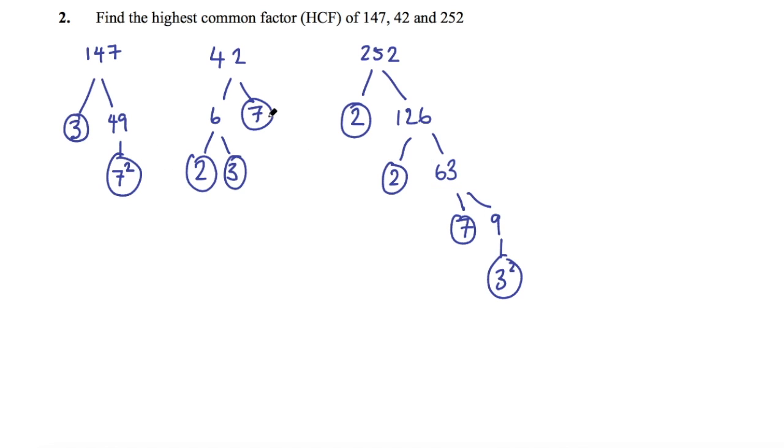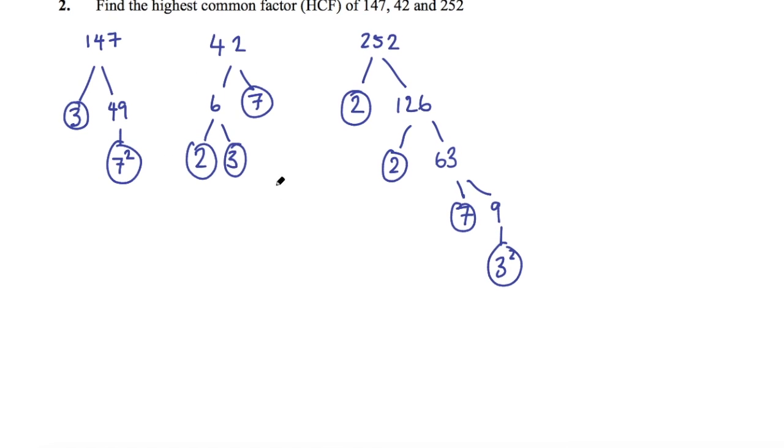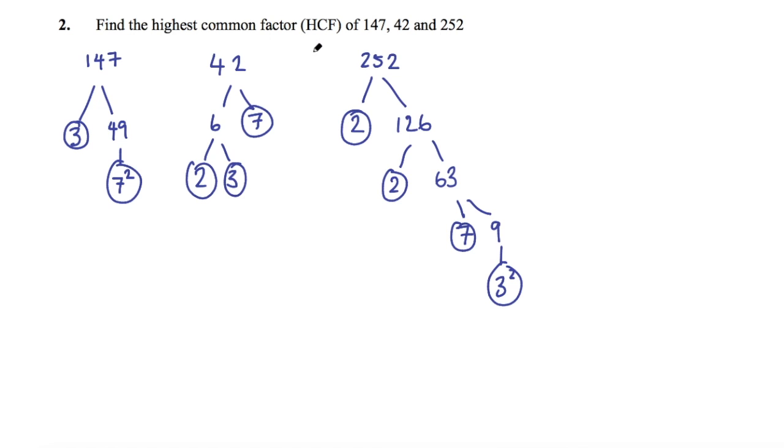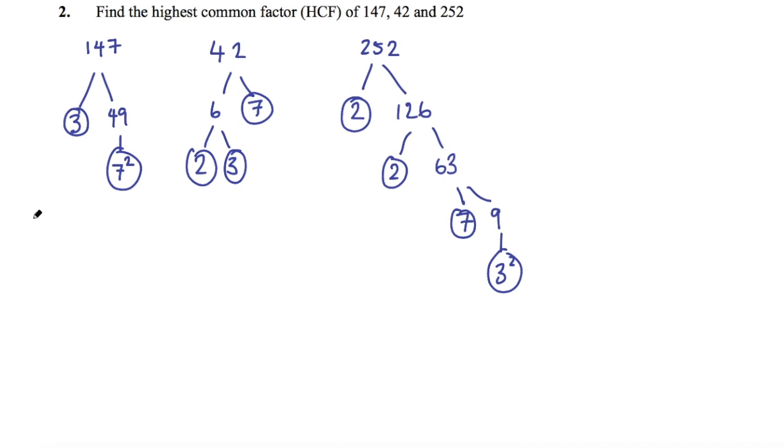Okay, so I've factorized those three numbers into their prime factors. And now to find the highest common factor, we need to find the prime factors that are common between all three numbers. Let's see. We have a 3 here, and a 3 in 42, and a 3 in 252.